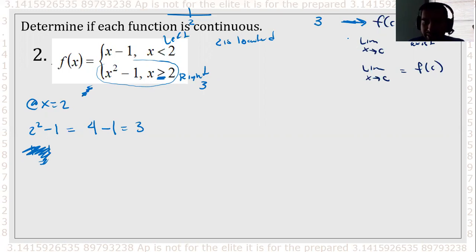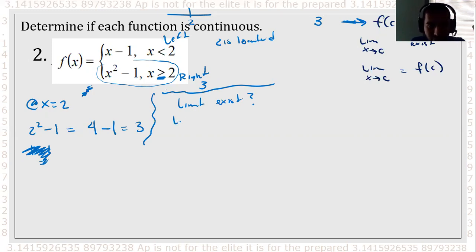Now, does the limit exist? How do I check if limits exist? What do I need to do to the left and the right? I need to check, is the left equal to the right in order for the limit to exist? Limit exists, question mark? Well, let's find out. On the left-hand side, if I substitute 2, I got 2 minus 1 equals 1.